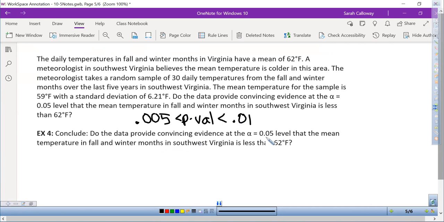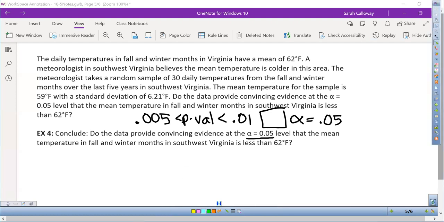If I'm comparing that to the alpha equals 0.05 level, if I really just look at our first value, our largest value, compared to alpha, which is 0.05, notice that it is less than.